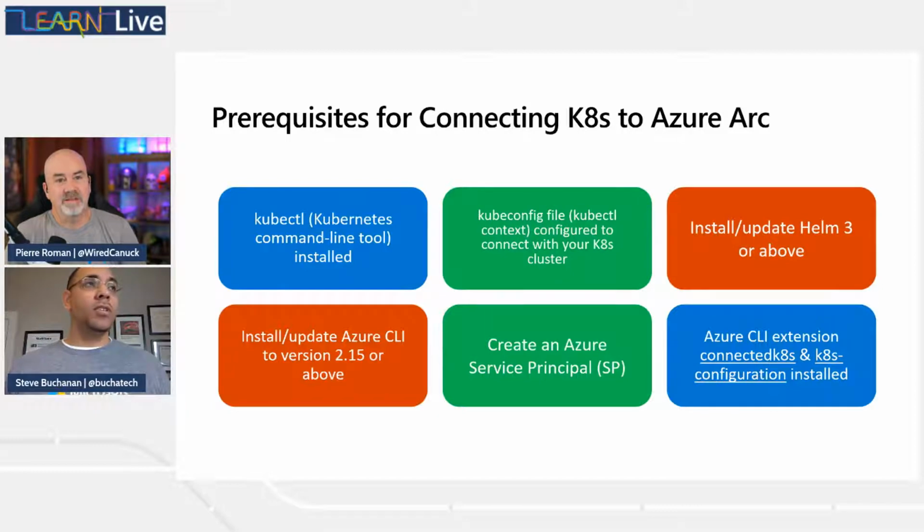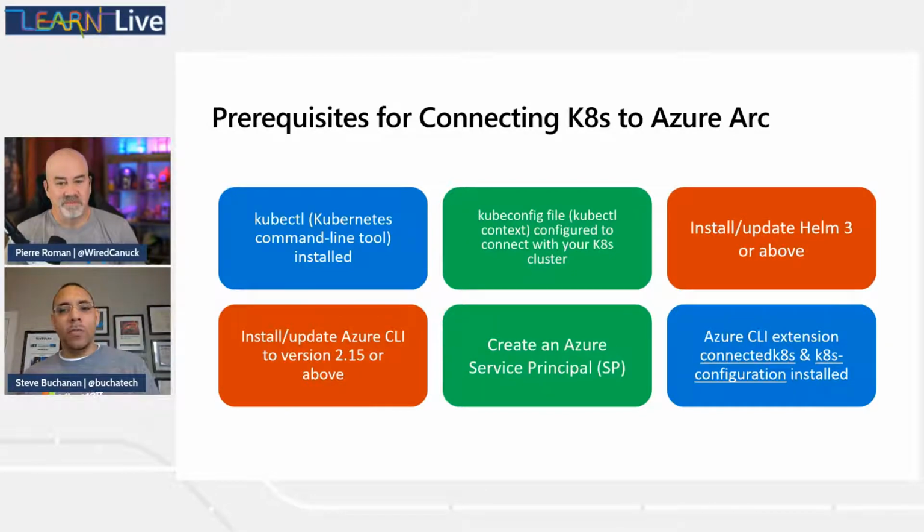But if you're running this, let's say, from another cloud provider, you might opt to use their cloud shell instead. So you just need to make sure that you can connect to that Kubernetes cluster from that other cloud provider's cloud shell, for example.